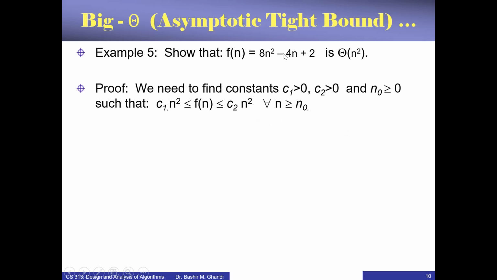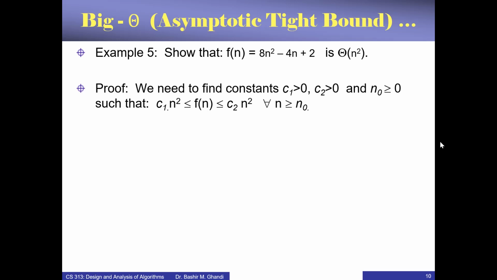Because of this negative term, we cannot just say 8n squared alone is less than or equal to the function, because this time we are not adding to n squared. We are not adding to this term 8n squared. We are actually reducing from it by subtracting 4n. So please, you have to be very careful.